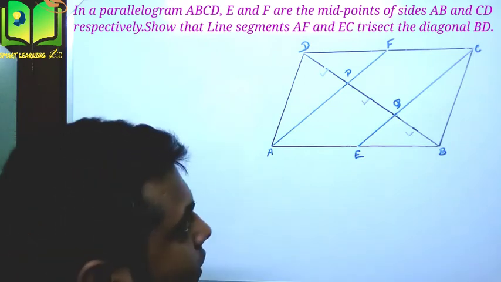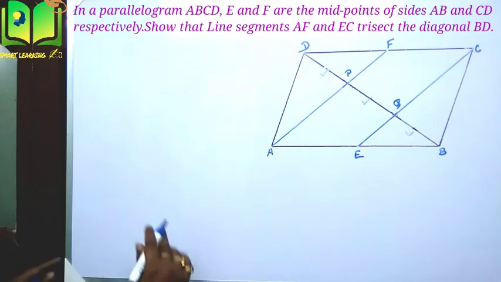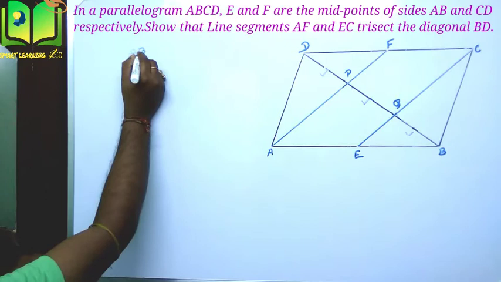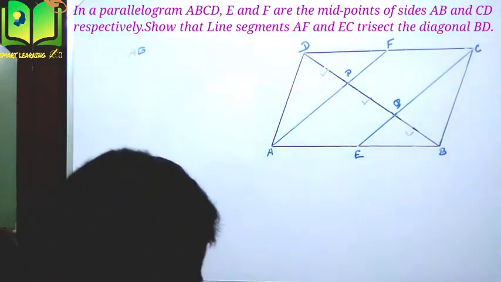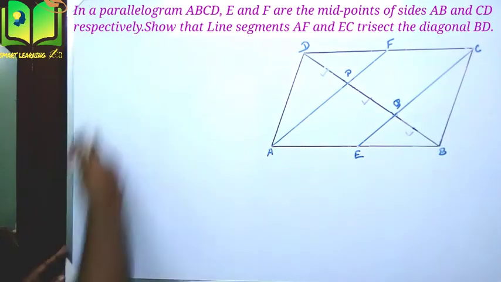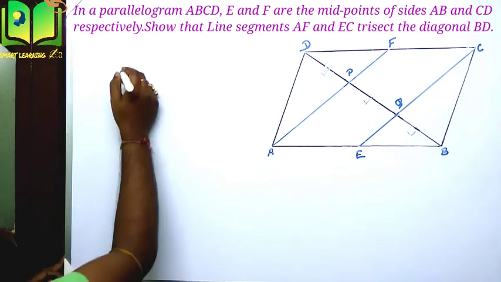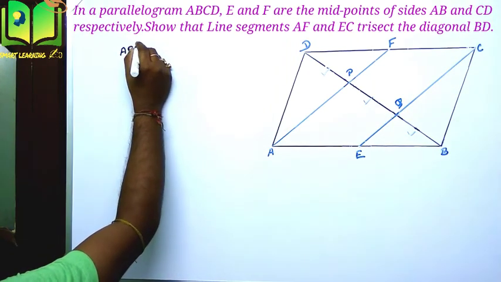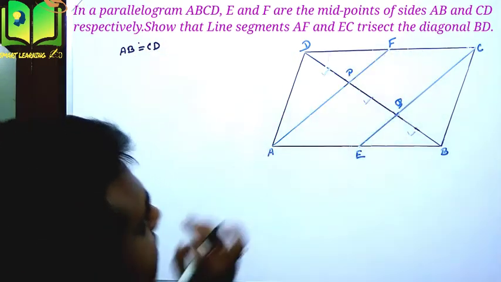So let's see what I am going to write. First we will write here AB equals CD because opposite sides are equal.